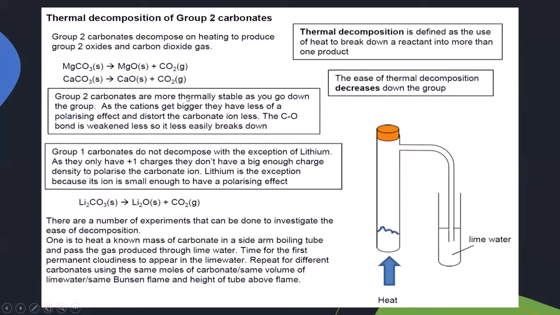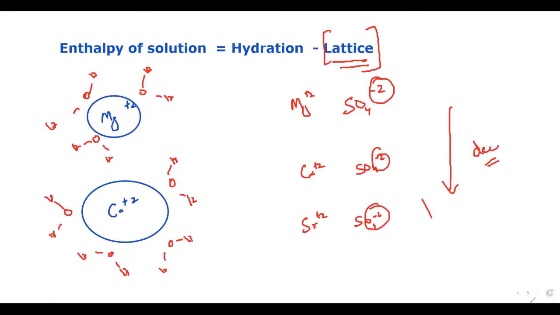Then the thermal decomposition. The term thermal decomposition is defined as how much energy is needed to break down the reactant into more products. And as we go down the group, they become more stable.